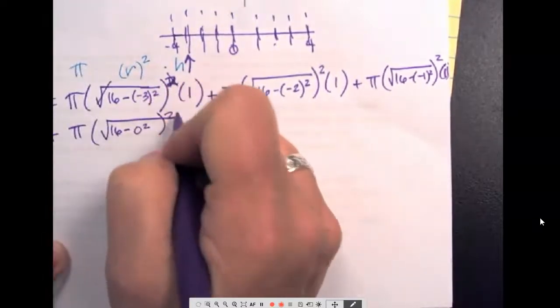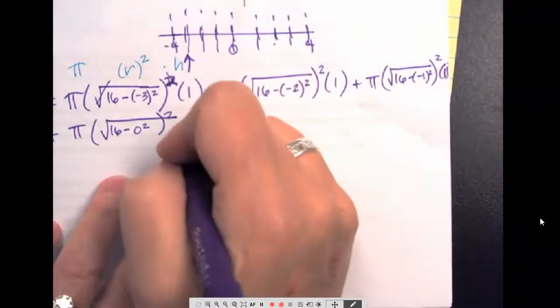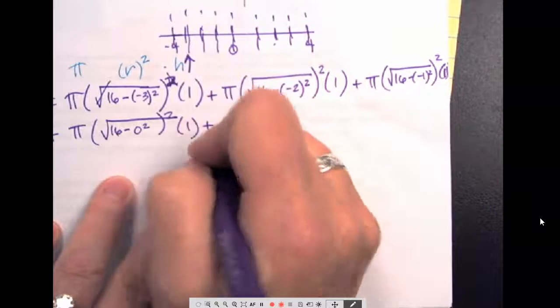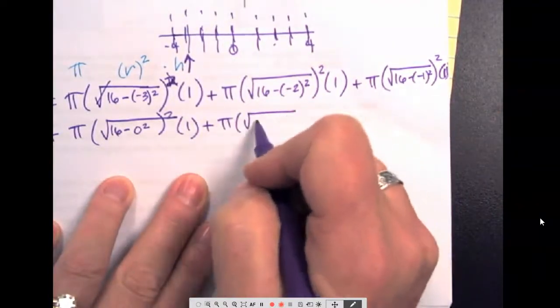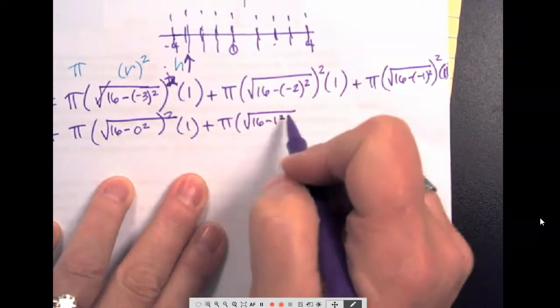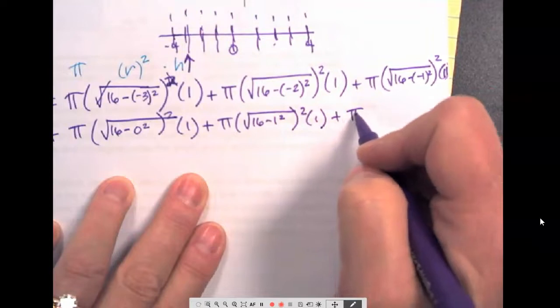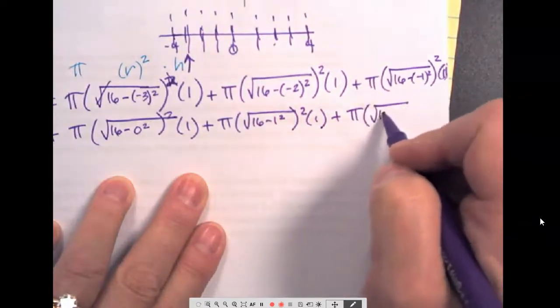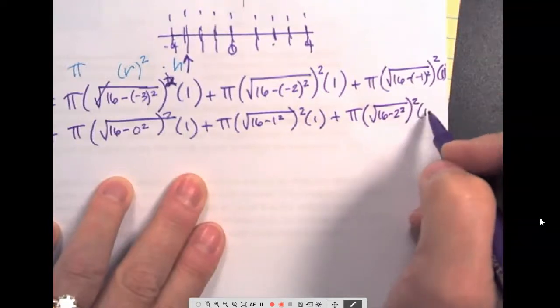Could you factor it out? Yes, if you wanted to, you could bring the pi and the height, which is 1, out in front of all those. Times 1. Okay, the next one. 16 minus 1 squared. Next one. 16 minus 2 squared times the height.